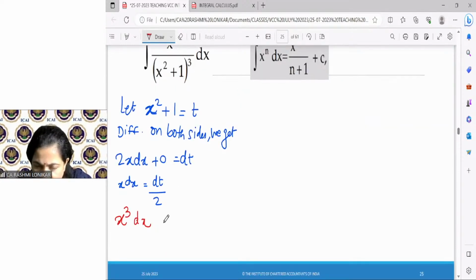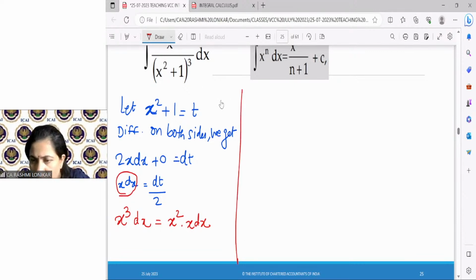I'm going to write it as x square into x dx, because I have the formula for x dx. So this is the most important step here.